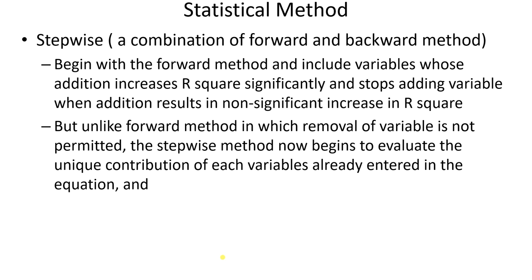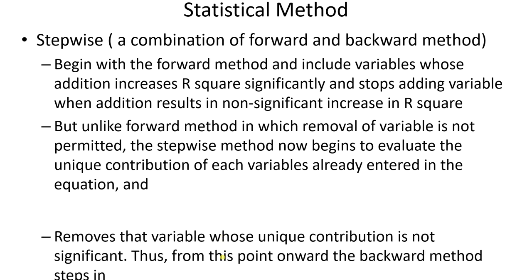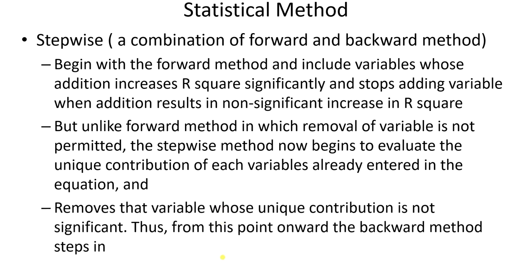So now we evaluate the unique contribution of each variable already entered in the equation and remove the variable whose unique contribution is not significant. Thus, from this point onward, the backward method steps in. So it is the use of both methods, the forward entry and the backward elimination.